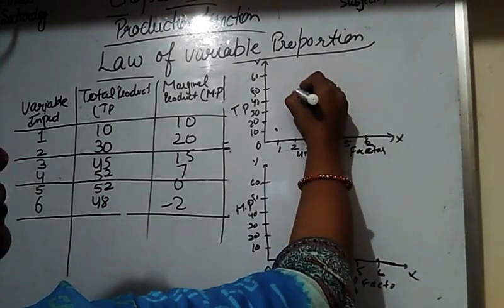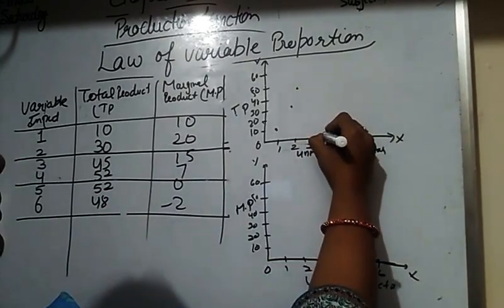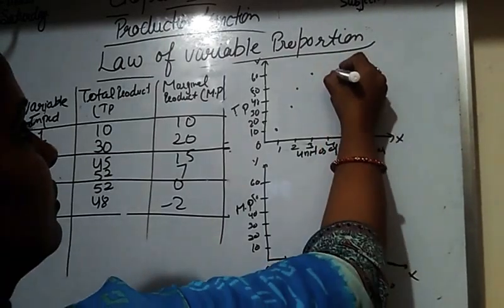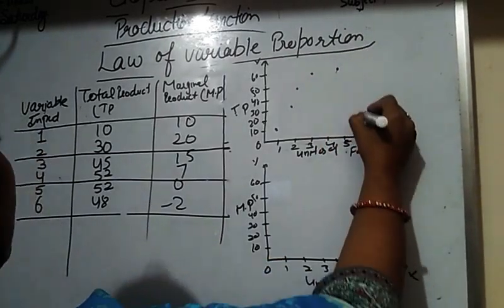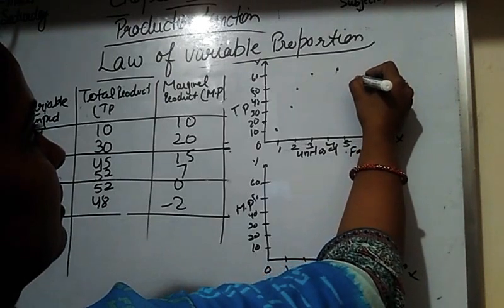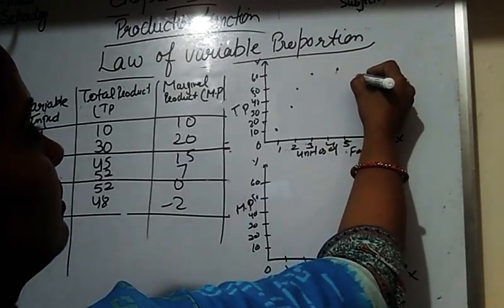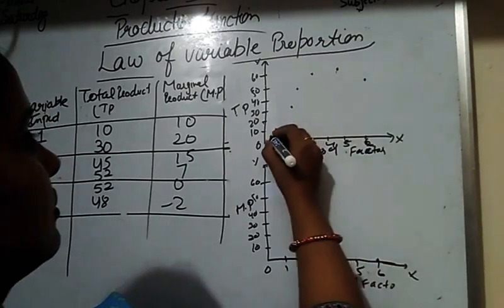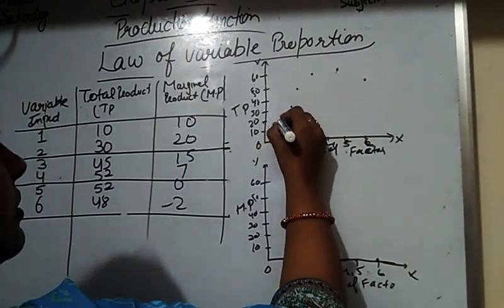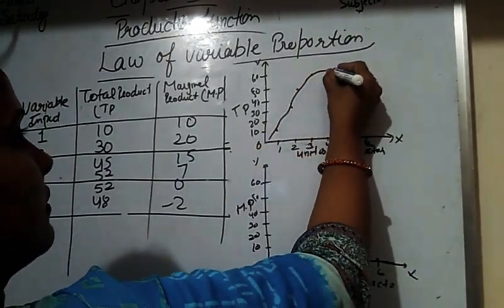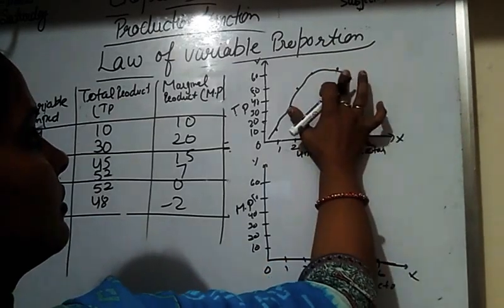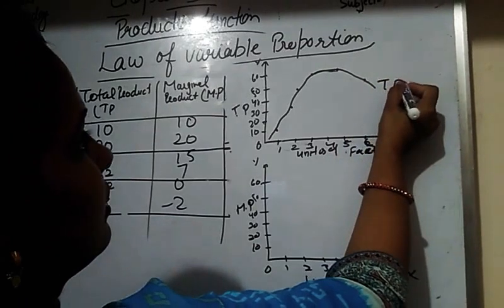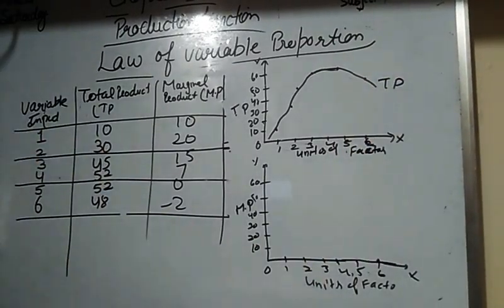After that it is 45, 52, 52 constant, and after 6 it is 48, between 40 and near 50. So this curve is of TP. TP means total product.